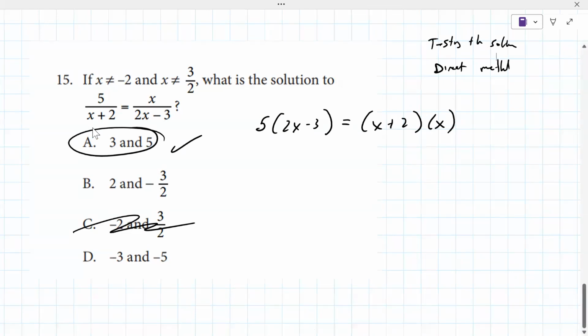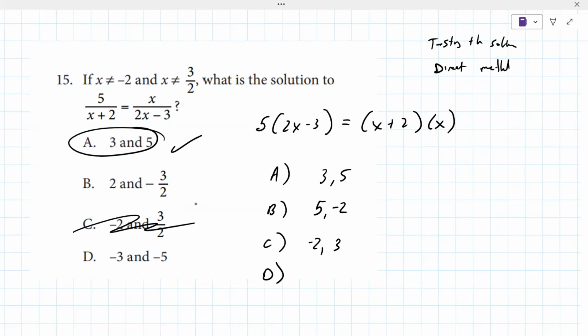The tendency in problems like this is to give overlapping answers. A more traditional answer space would be something like 3, 5, 5, -2, -2, 3, and then something else, like -5 or +2.